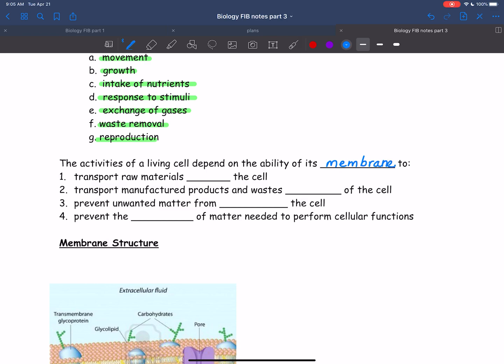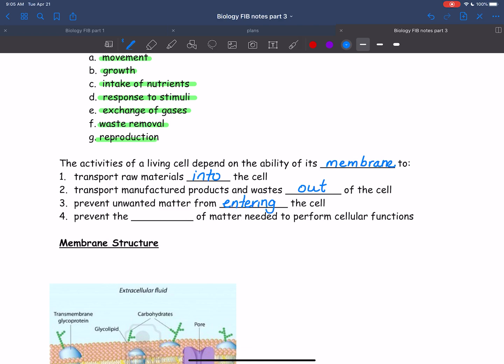to transport raw materials into the cell, and to transport anything that it makes, so manufactured products and wastes, out of it. But also we need it to be a protective layer. So we want to prevent any unwanted matter from entering the cell.